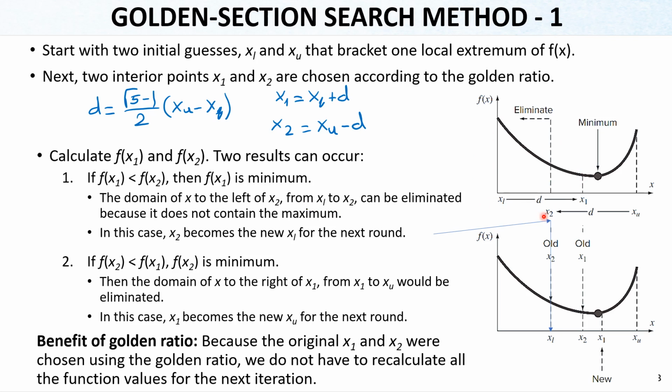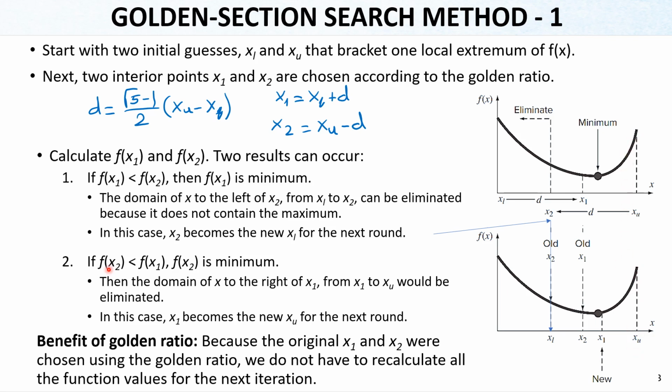Then we can just set this x2 as the new xl. So that's why x2 becomes the new xl for the next round, and we set this as xl in the second iteration. This is the second iteration you can think of, and again we will have xu as the constant here.